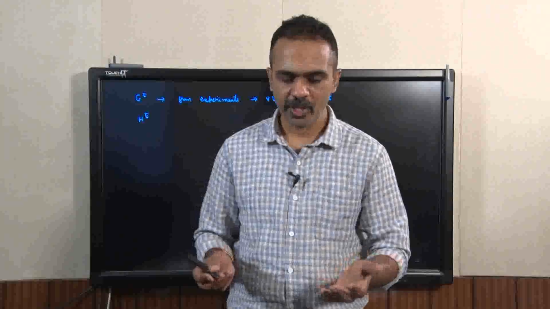Usually it turns out that the excess Gibbs free energy data, GE, is obtained from experiments, and typically from VLE experiments or vapor liquid equilibrium experiments. And HE, if you recall, is the excess enthalpy, and we also said that because of the property of ideal solutions, HE will also be the same as delta H mixing or the enthalpy change upon mixing.